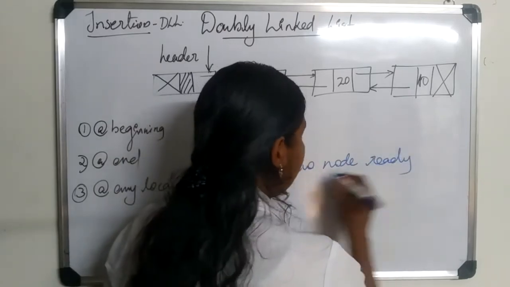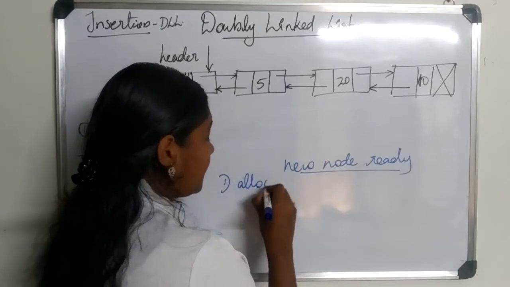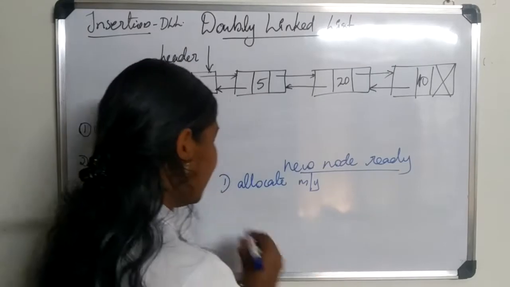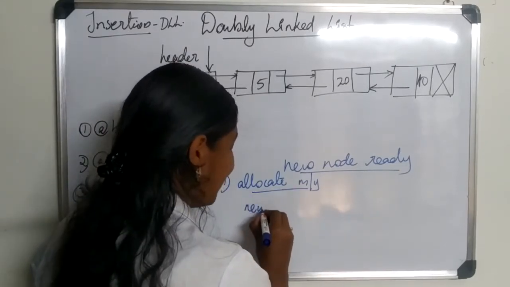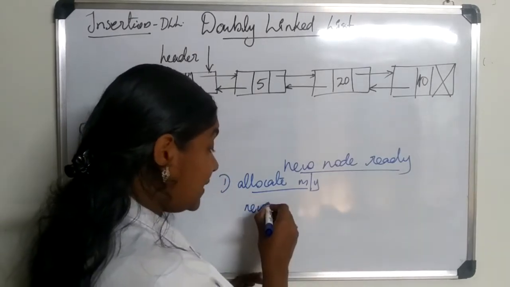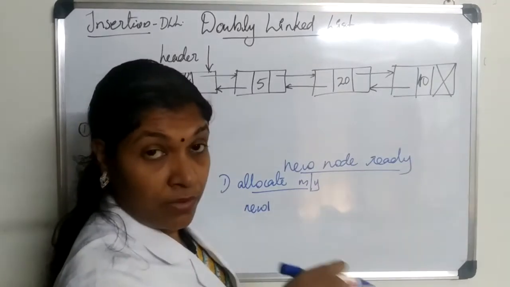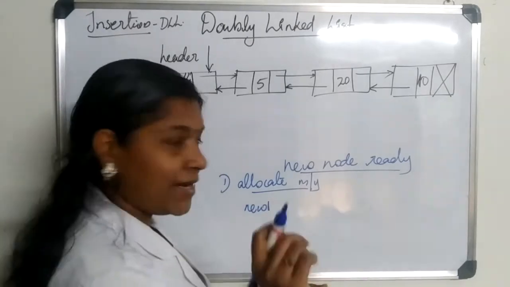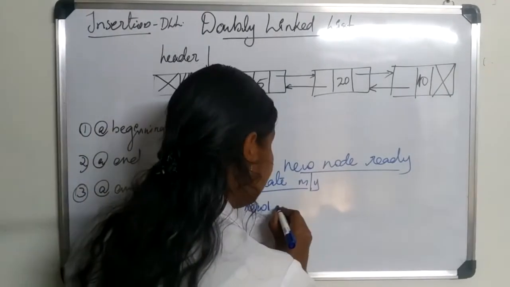So how can we make the new node ready? First step is allocate memory. I hope you remember the step for that. So allocating memory equal to new or temp. Normally this new would be a keyword, so instead of new, you'll have to use new one, or new with some extra character, for this variable.